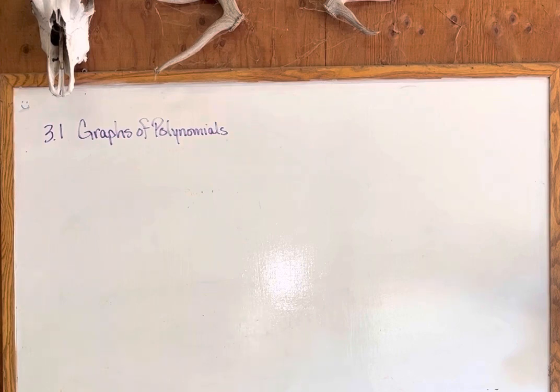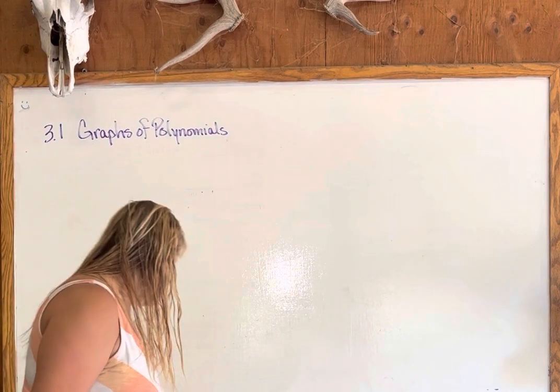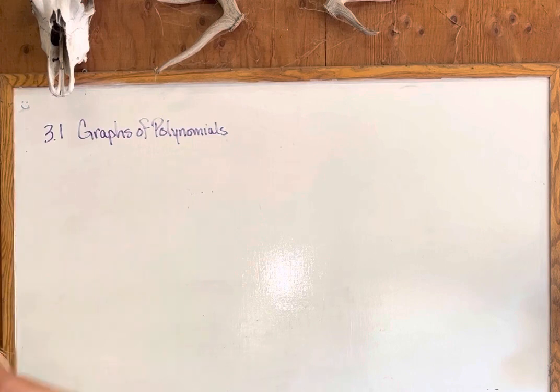Okay, so we are graphing polynomials. So we've talked about finding the zeros of polynomials, how many zeros there would be, synthetic division, all of that. And now we're going to graph some of these guys. So before we just jump into putting up a polynomial and graphing it, we have one thing that will help us in our graphing that's new.